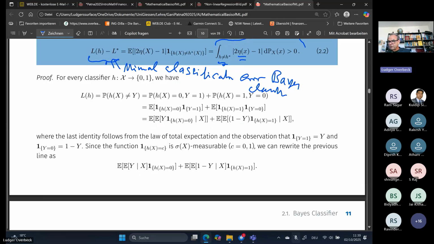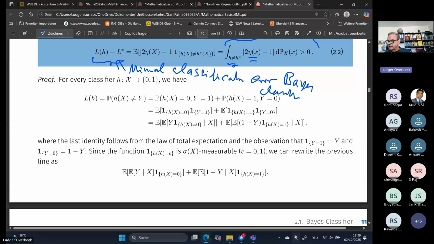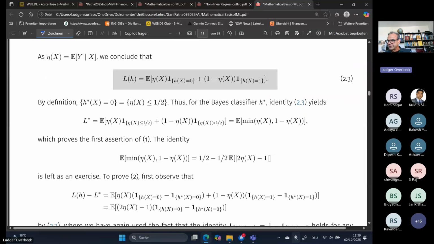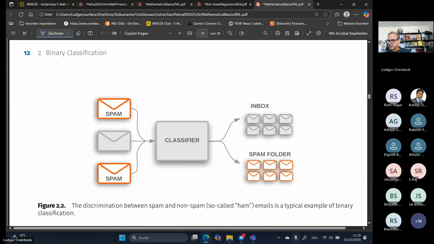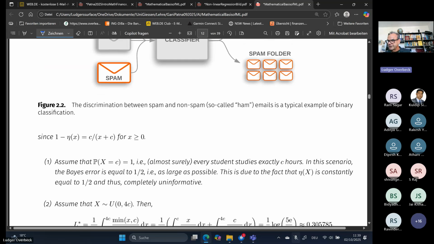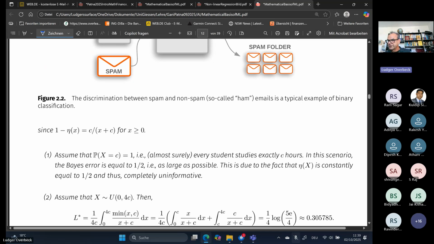So what we have to do is base this on empirical data. We have some properties of the Bayes classifier, we have formulas for this, and an example here. We don't go through this.